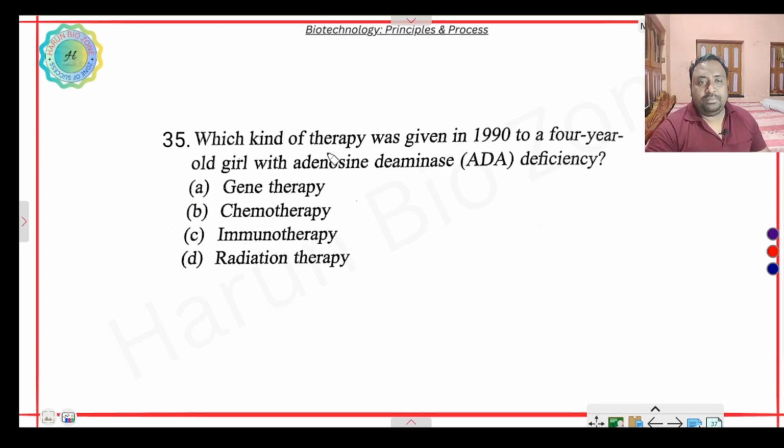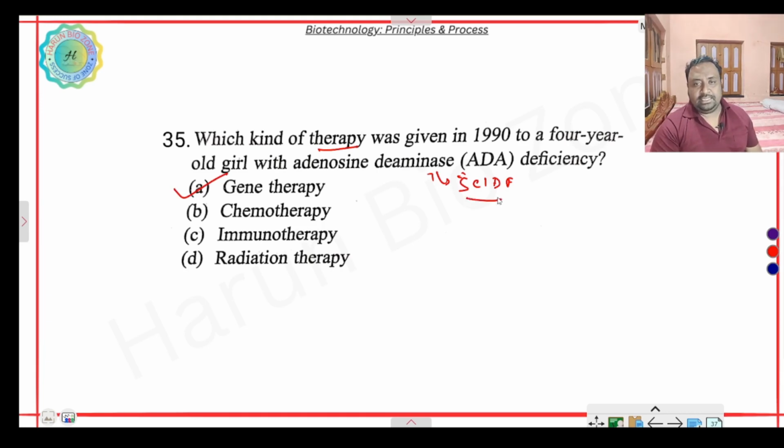Which kind of therapy was given in 1990 to a 4-year-old girl with adenosine deaminase deficiency? It is called SCID, severe combined immunodeficiency. Here, gene therapy is used.